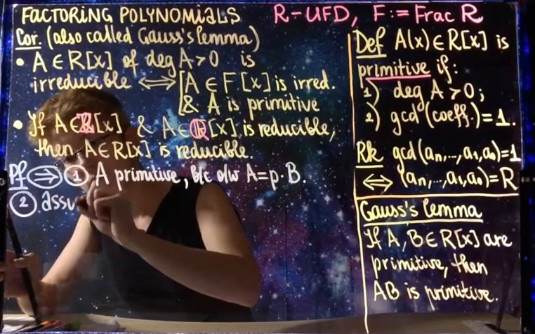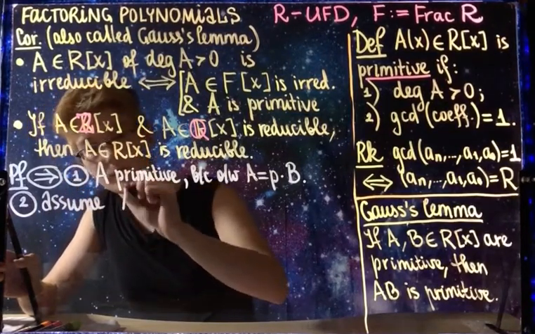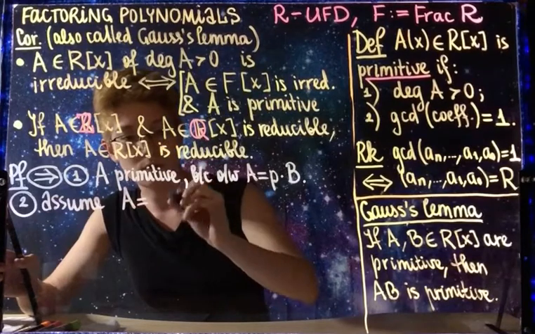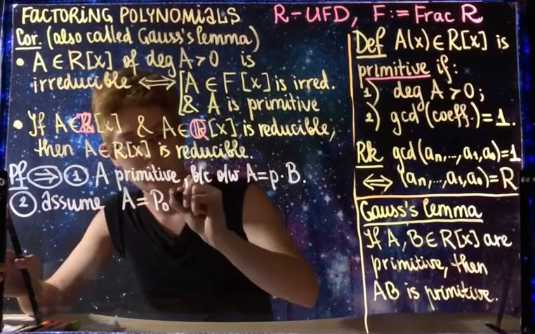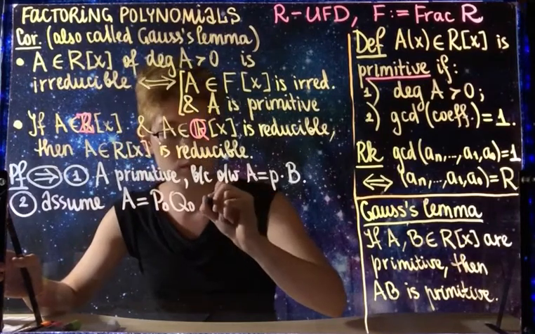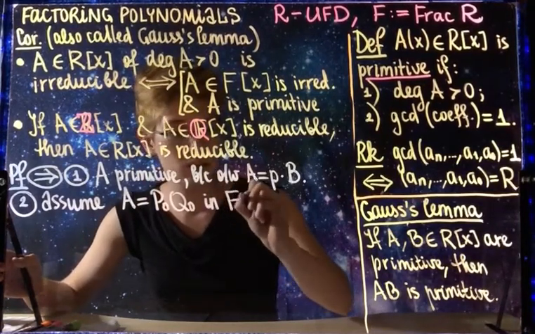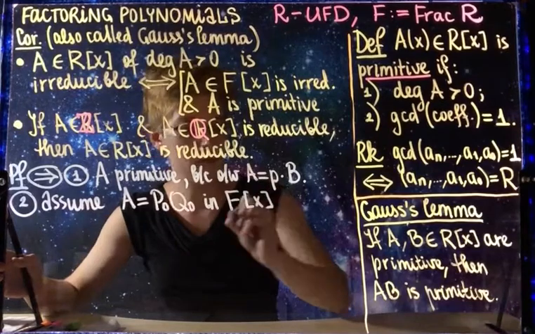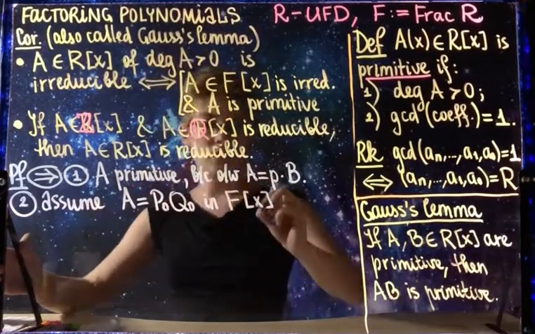So assume that A is equal to P0 times Q0 in F adjoint X.